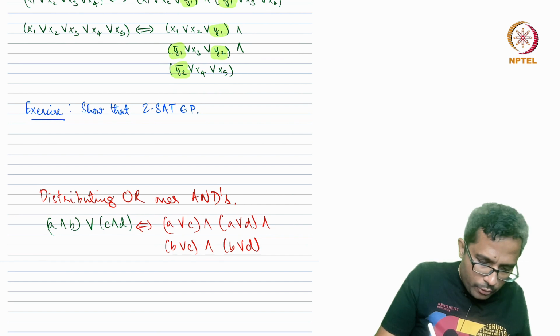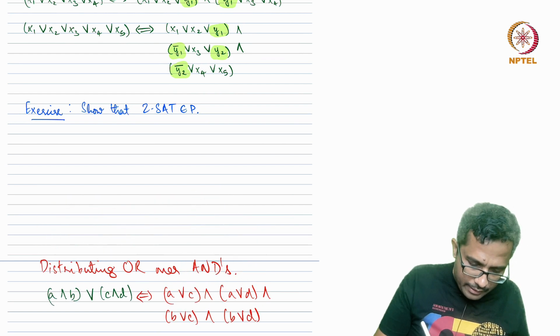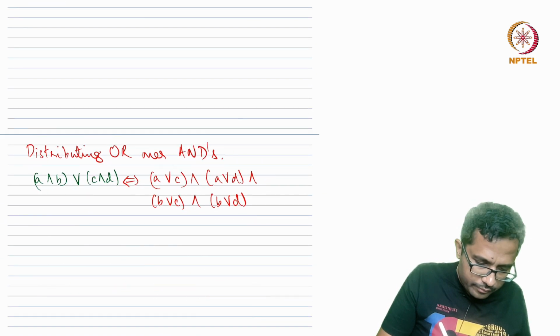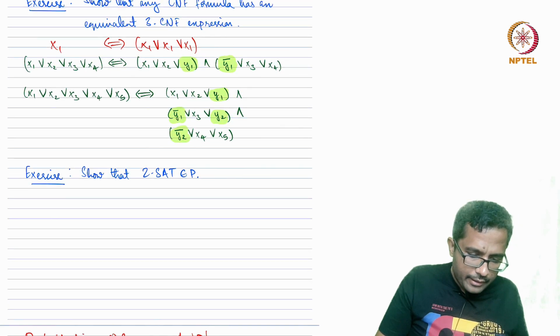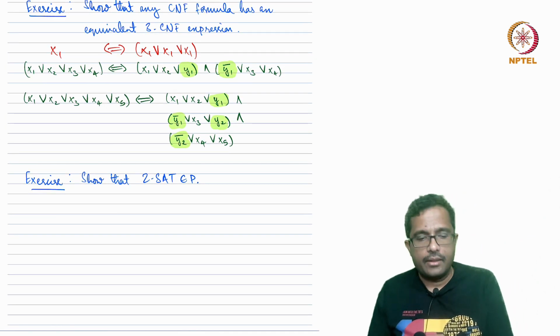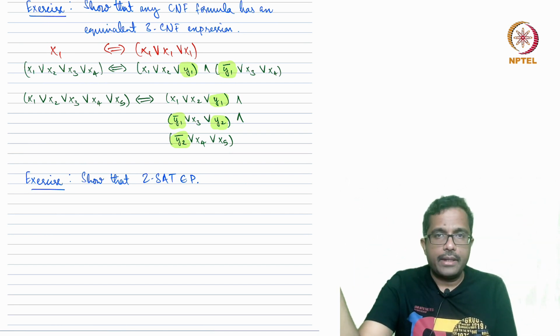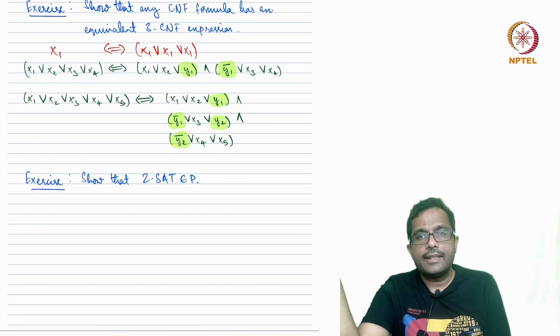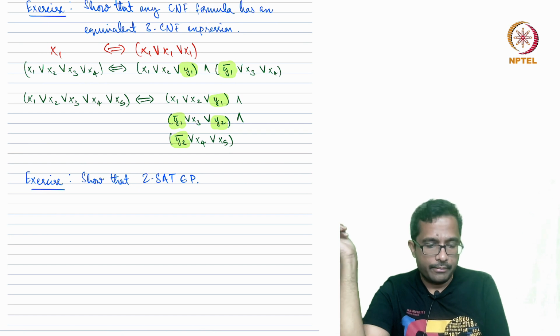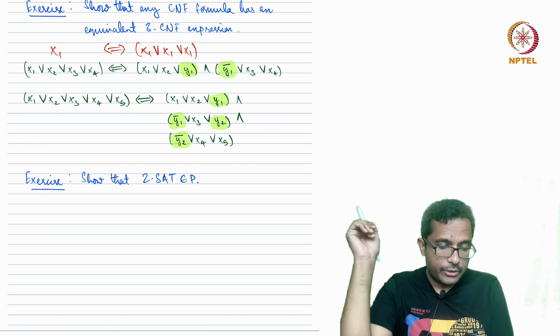And finally, one more thing that I want to mention is that 2 SAT is in P, right? We said that 3 SAT is NP complete, which means it's unlikely that 3 SAT has a polynomial time algorithm. However, 2 SAT, so what is 2 SAT?